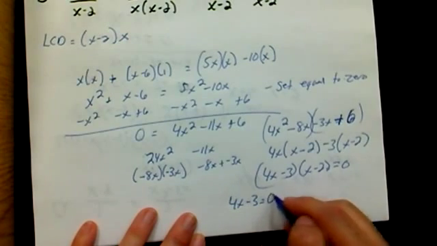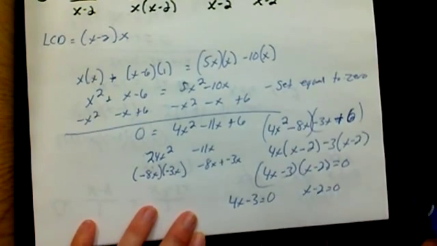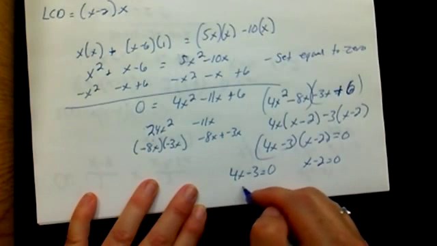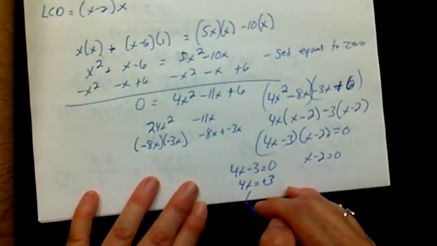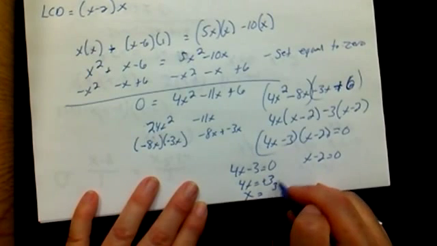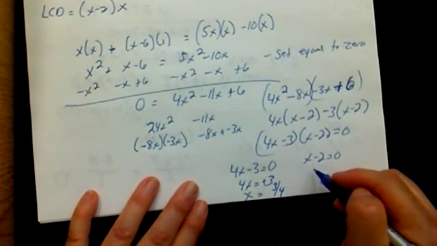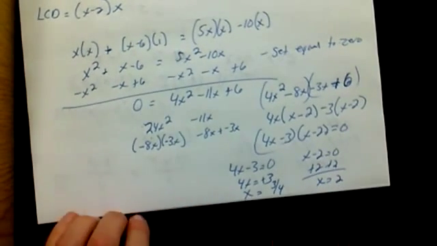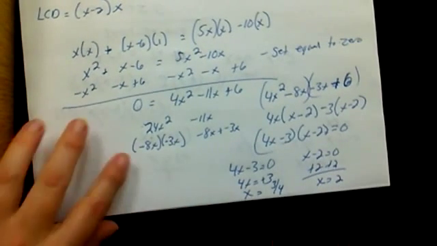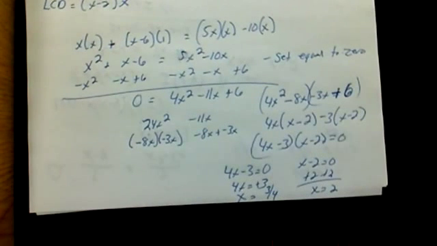Set them both equal to 0. So I end up with 2 answers. Positive 3/4 and a positive 2.